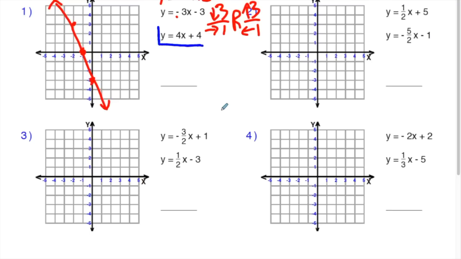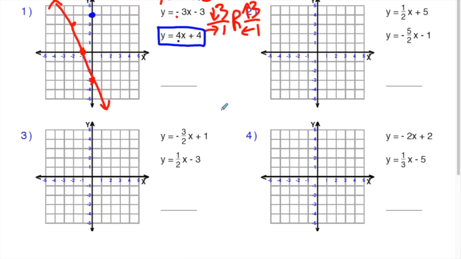We have got a y-intercept of 4. So starting up here at 4. Then we have a slope of positive 4, which means we would have to go up 4, right 1. And we do not have room for that. Again, we're going to go down and to the left. The only time you can go left is if your slope is in reverse.